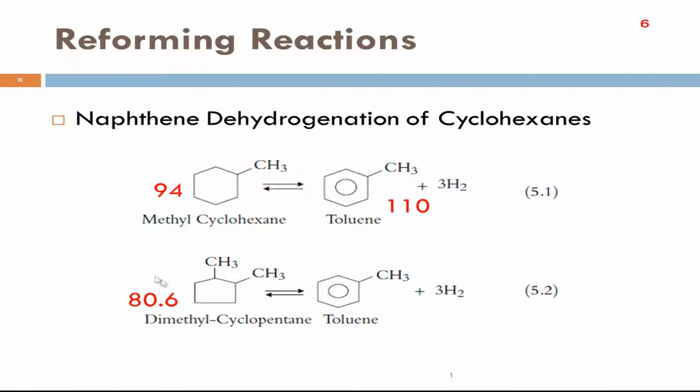The octane number can be increased from 80 to 110 as well, from the dehydrogenation of dimethylcyclopentane. In this particular one, a good product, but one good byproduct is hydrogen. You have to think about what the hydrogen will be used for.